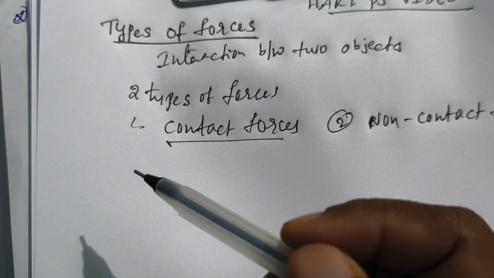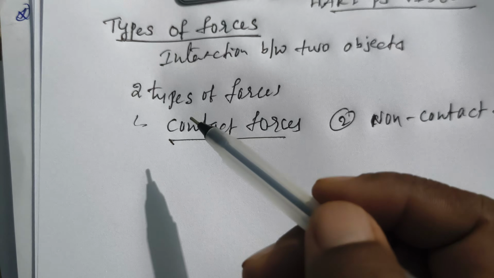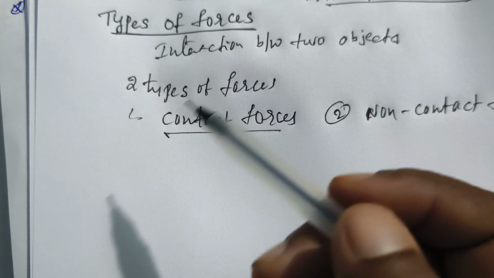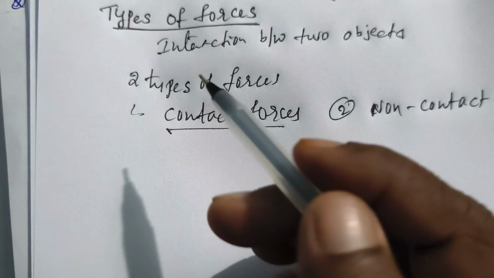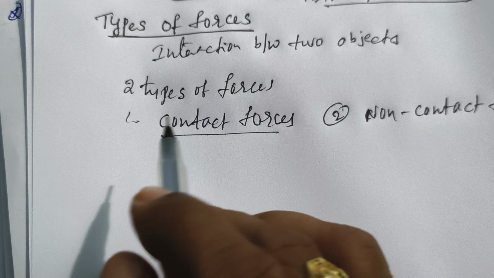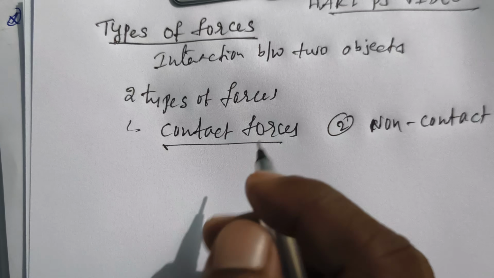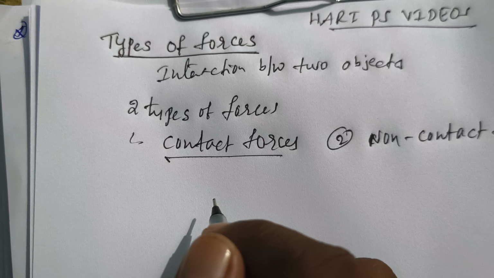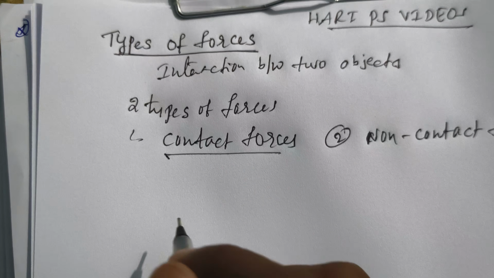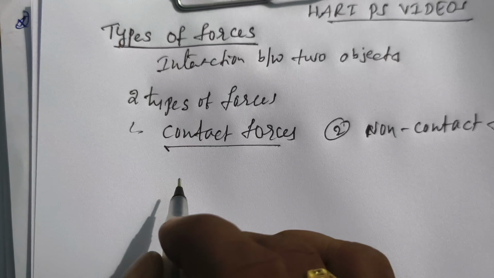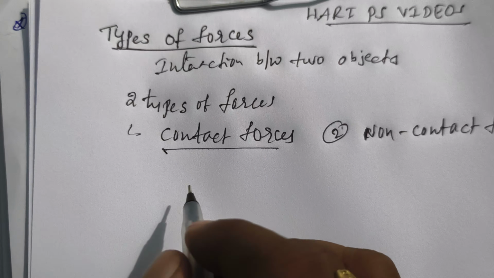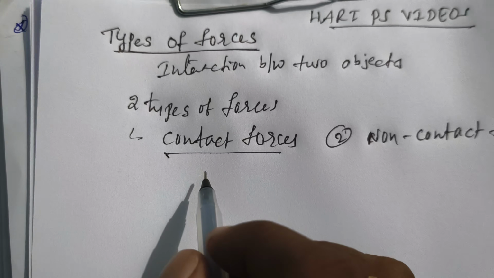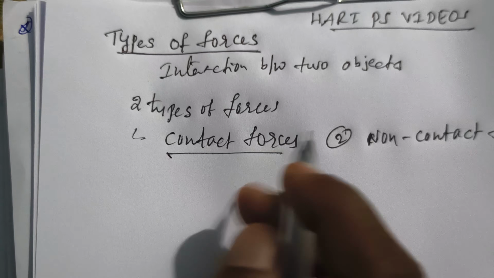Similarly, while we are holding any object, or trying to push or pull an object, we must have a direct physical touch between the objects. Then the force acts between the two objects. Such kind of force we can call contact force.